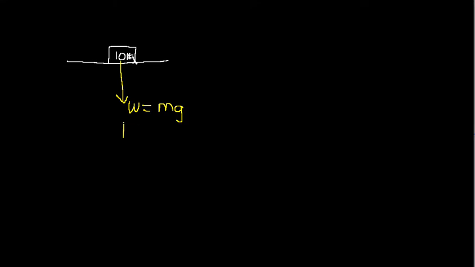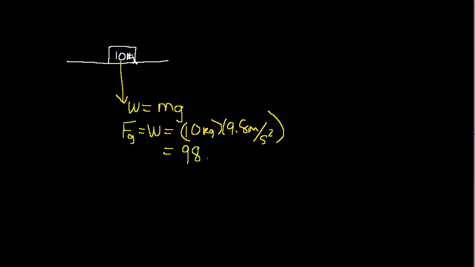So the force of gravity, which is equal to its weight, is 10 kilograms times 9.8 meters per second squared. And if we do that, let's say this is then going to be 98 newtons. So it's 98 newtons down.